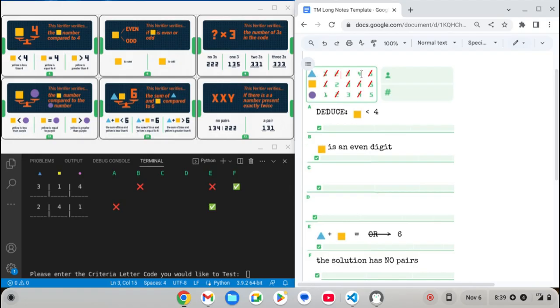It may be a little risky, but again, based on how gameplay happens in Turing Machine, I'm pretty confident that square should be smaller than circle. So let me go ahead and type that up, and that is in section D. And I'm going to say that I'm going to deduce that, again, square should be smaller than circle.